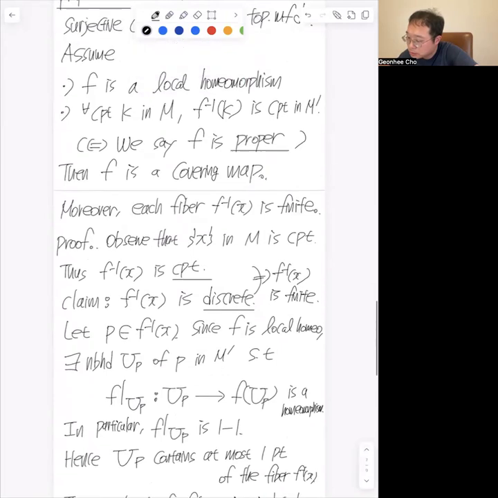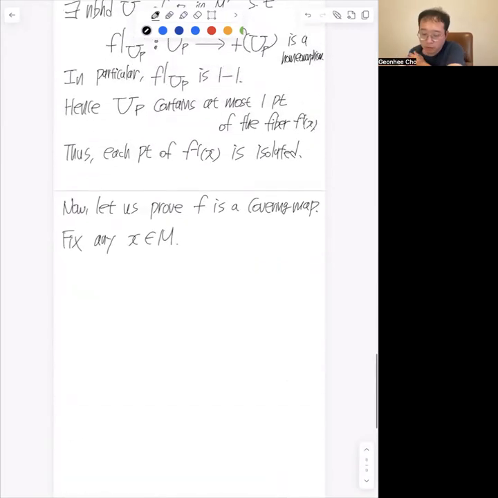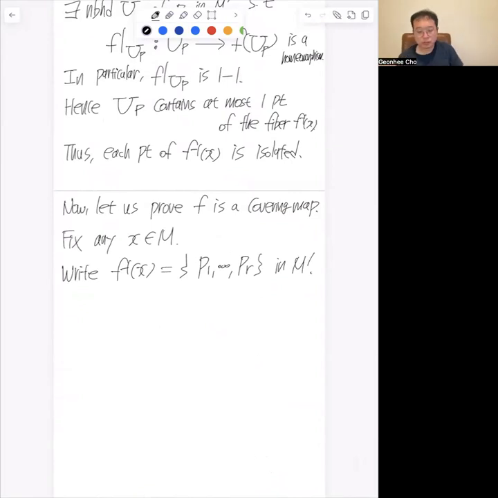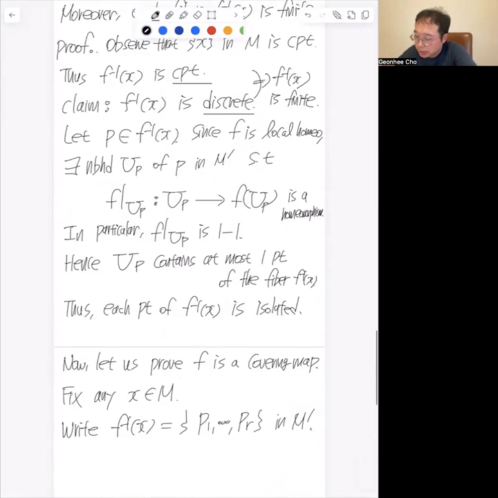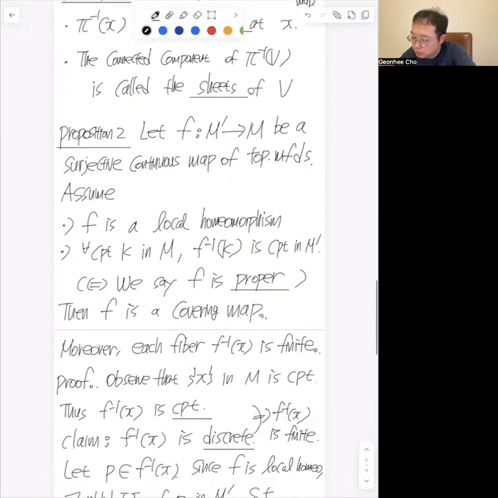Let us choose X from M. Because we already established that each of the fibers is finite, let us write F inverse of X, the fiber, as consisting of say r elements in M'. We can still keep using those two assumptions.